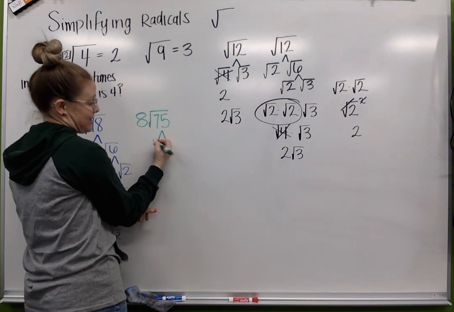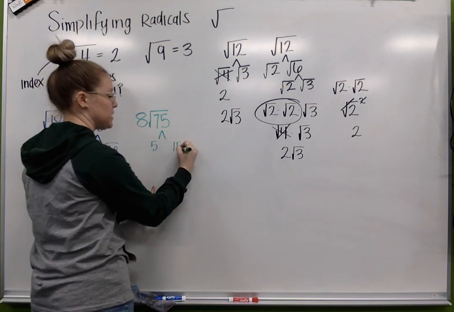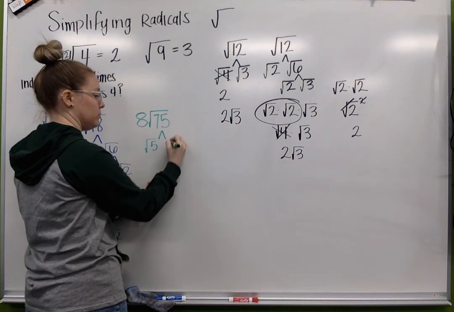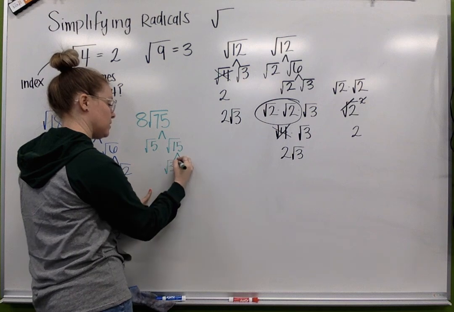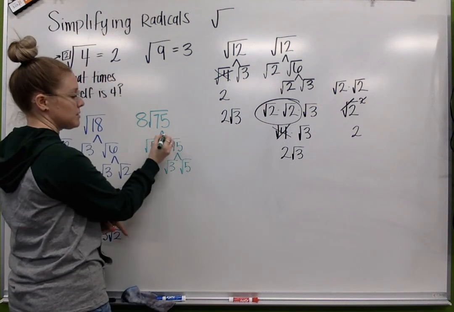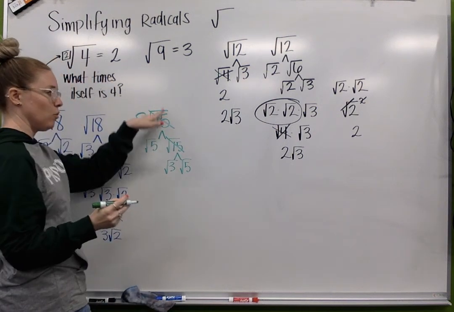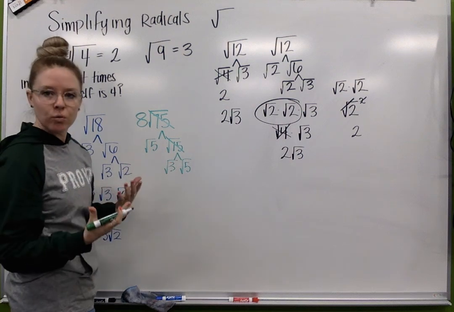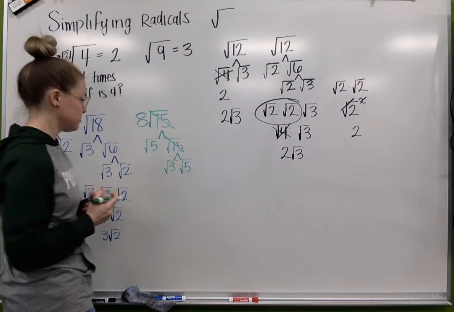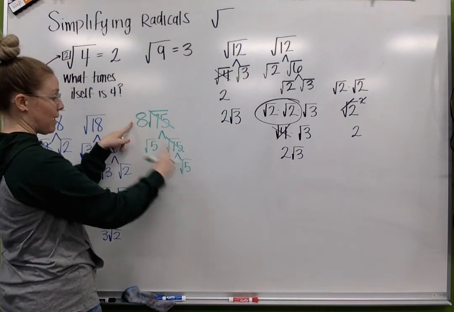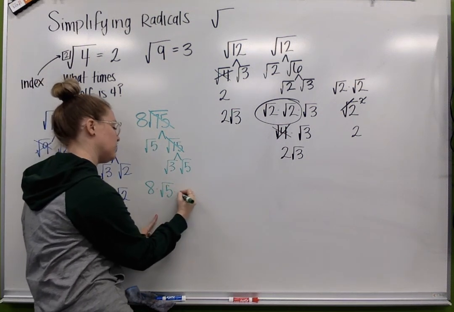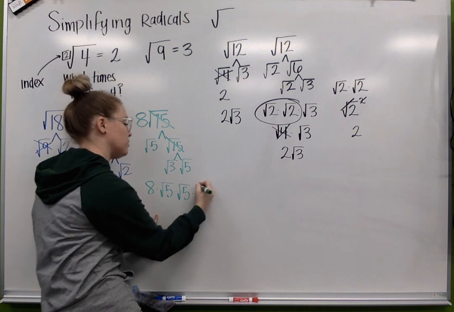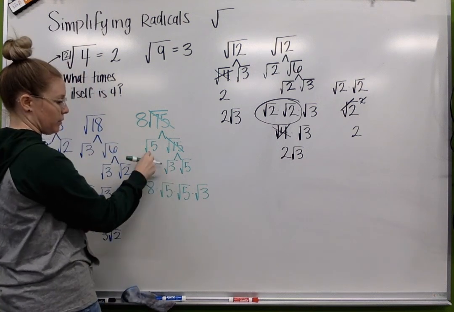75 is 5 times 15, and I square root. 15 is 3 and 5, and I square root. Sometimes it's helpful to go back and cross out the ones you factored, so you know you've already used them. They're done. So at the end, my list, I have 8 times the square root of 5 times the square root of 5 times the square root of 3.